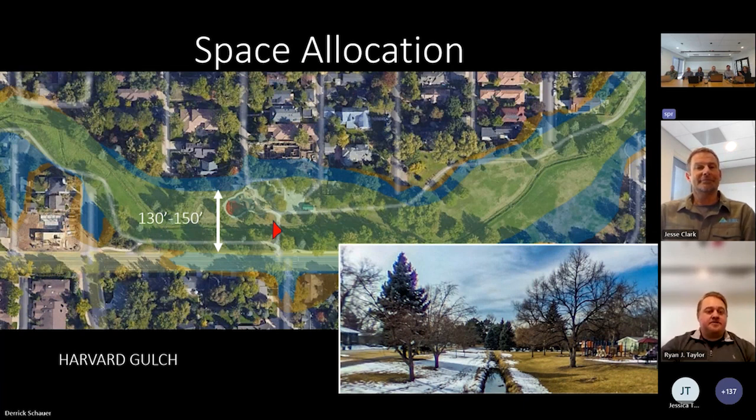So this is Harvard Gulch as it runs through Denver. And this is an area where this neighborhood has been around for a long time. And so when we're talking about space allocation, I think one of the important things, at least what I'm showing here on the screen, is, even though this is a really tight corridor, this park, Robert H.